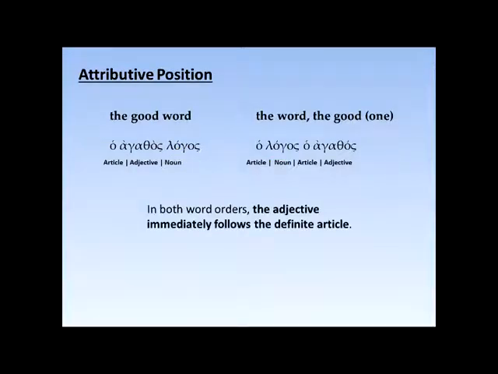In both word orders, the adjective immediately follows the definite article. Even though we've moved the adjective to the end of the phrase in the second word order, it still immediately follows the definite article. And so in the second word order, the article is actually repeated. In the first word order, we have ho agathos, definite article, adjective. In the second word order, we have ho agathos, definite article, adjective.